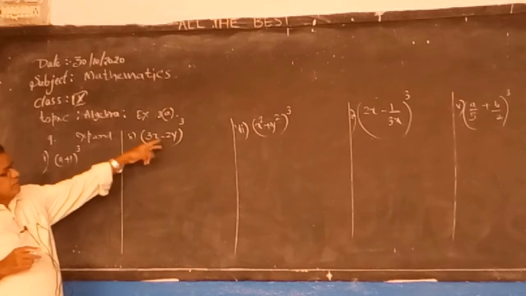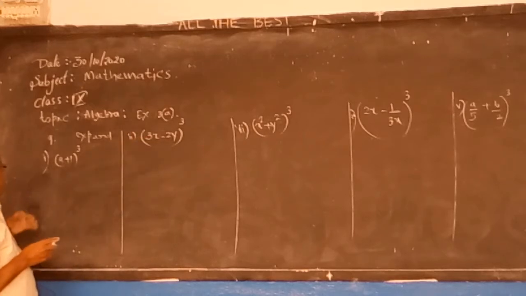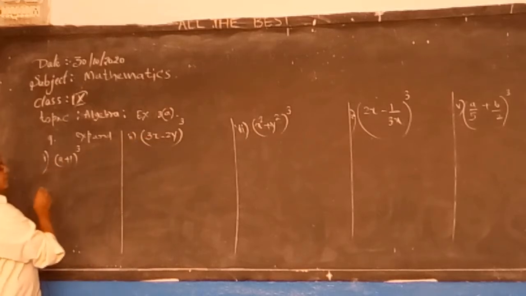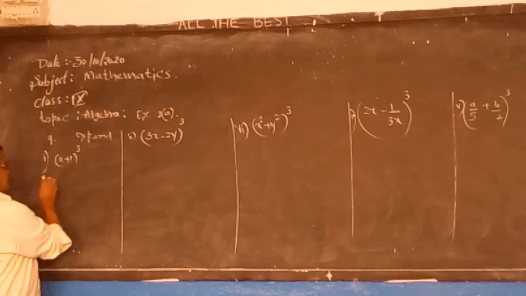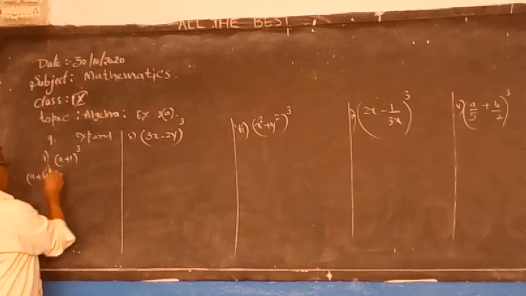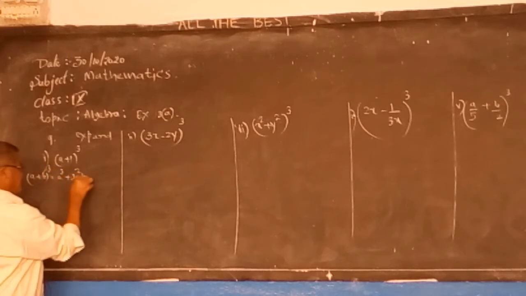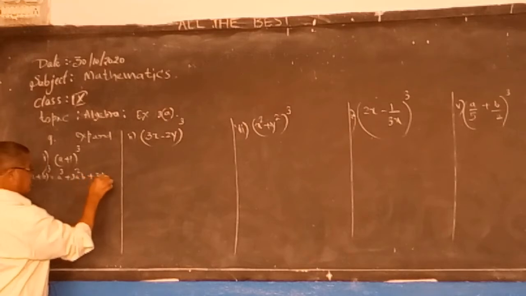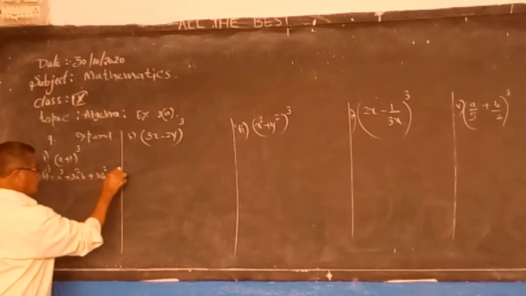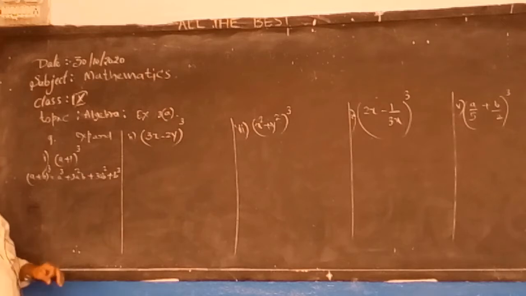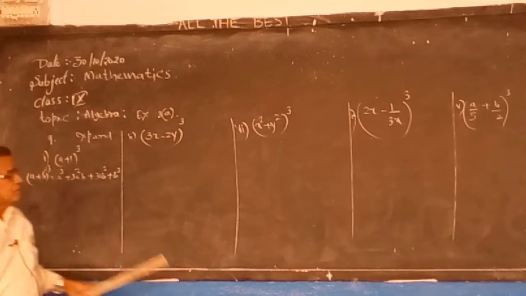Somewhere minus is given, a minus b whole cube. So write here the formula a plus b whole cube: a cube plus 3a squared b plus 3ab squared plus b cube. 4 terms will be there. In a plus b whole square, 3 terms.